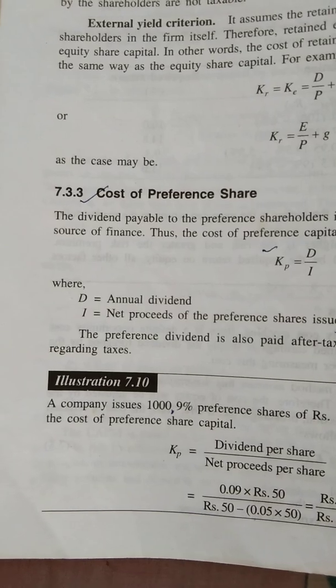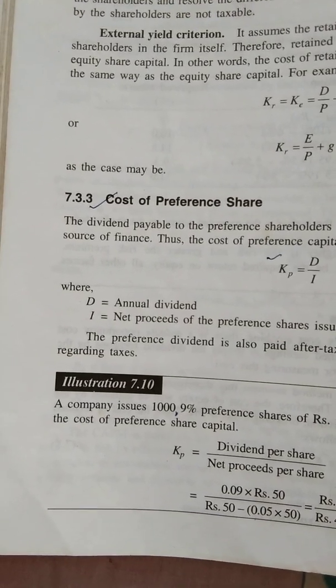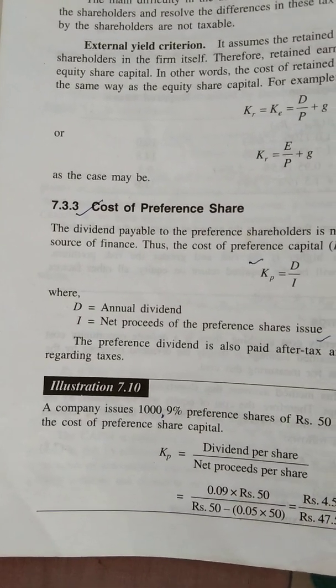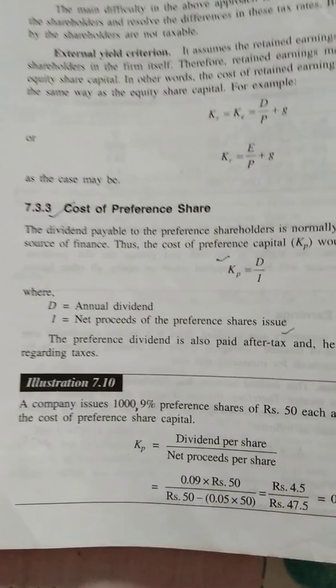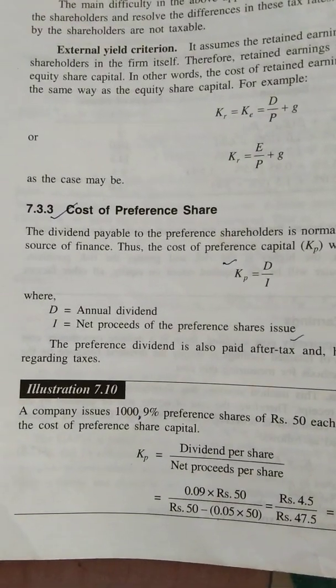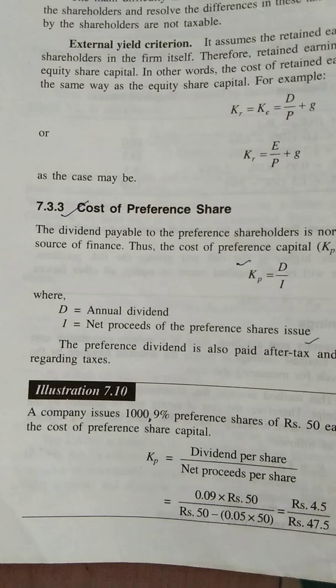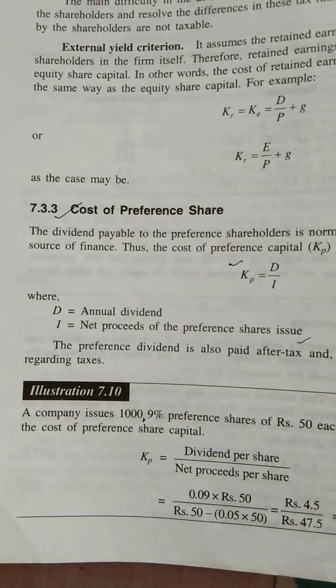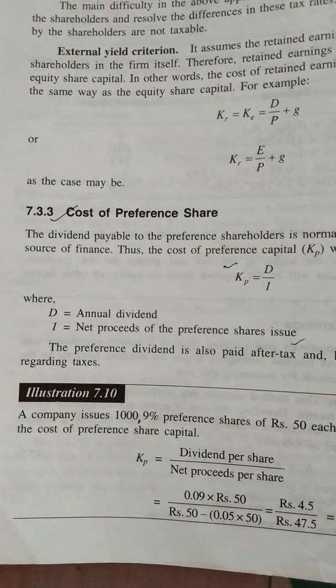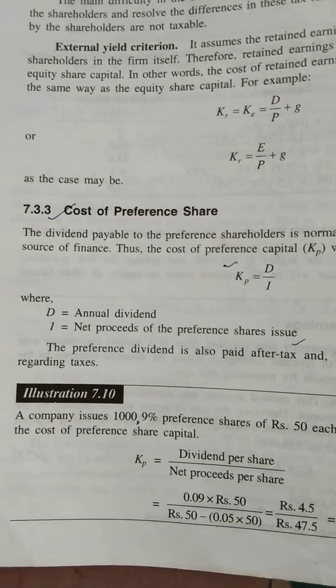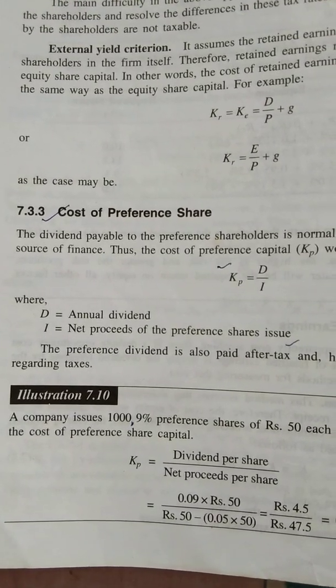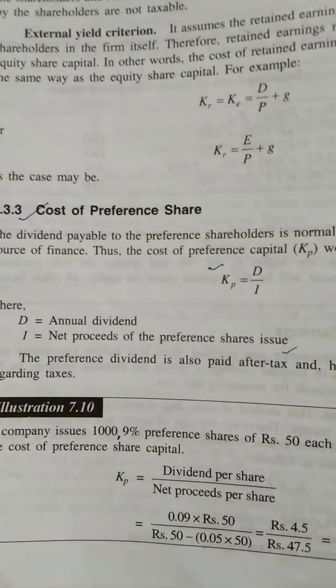Now cost of preference share. It may be redeemable or it may be irredeemable. Irredeemable means the amount will not be paid to the preference shareholders during the lifetime of the business. That's why it is known as irredeemable.